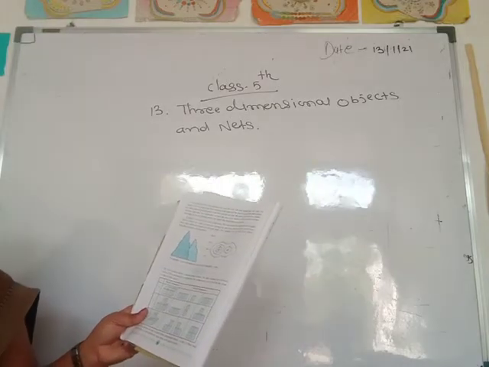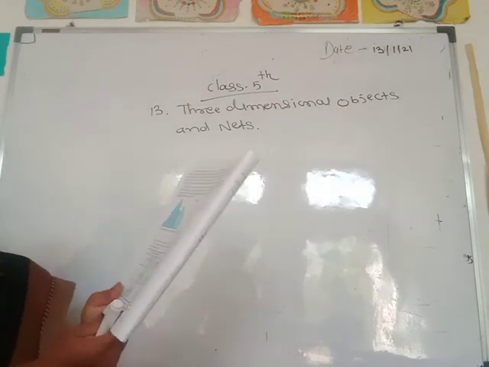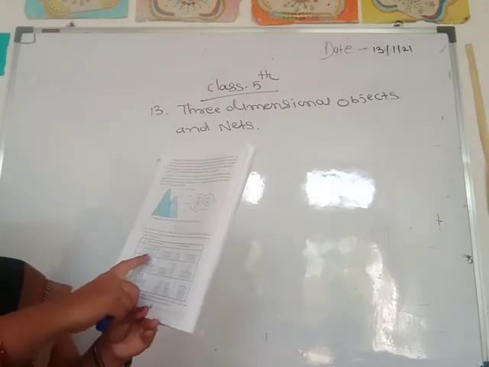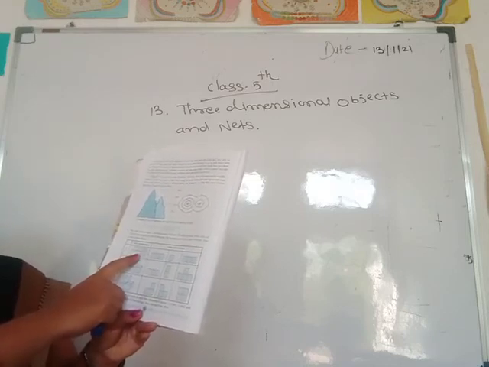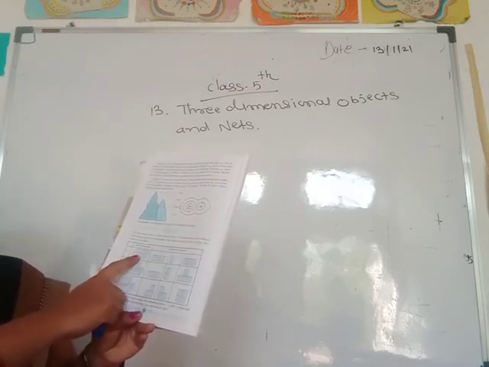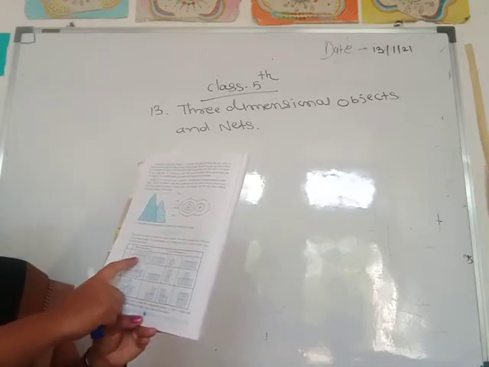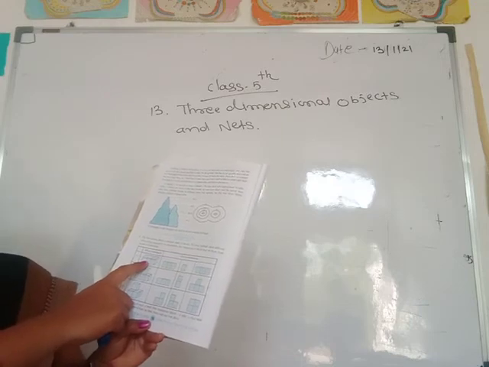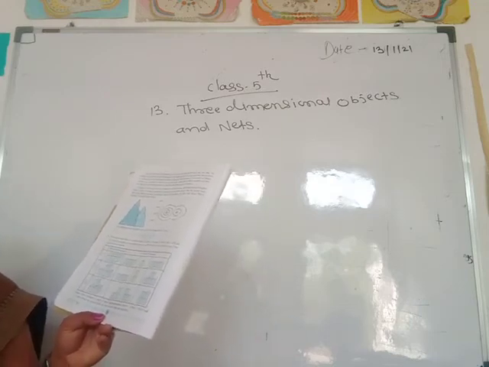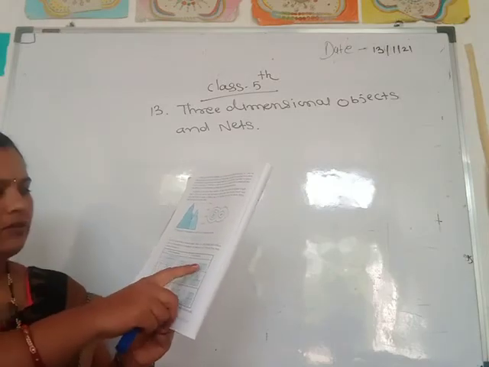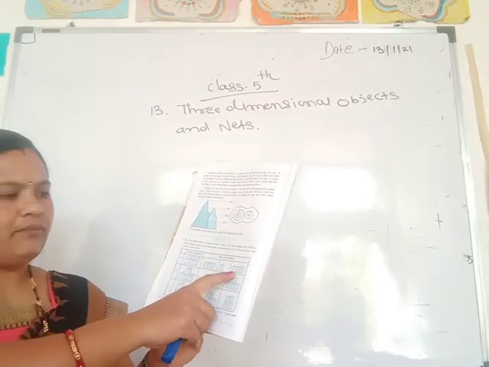See, here a block formation is given, and this is from the front side, this from above, this from the side. And this one also: this one side part, this one above part, and this one front part.